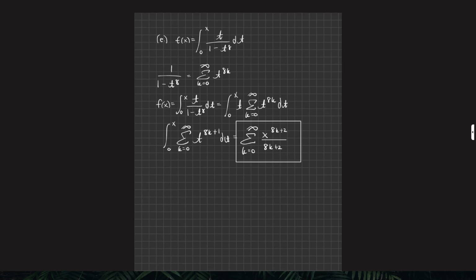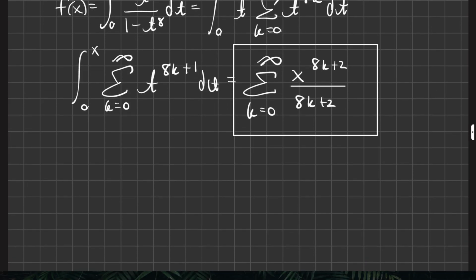Okay, so that's E. And I should specify, right, with this series, we'd be looking at x less than 1, and so your radius is 1, and the interval of convergence turns out to be -1 to 1, not included.